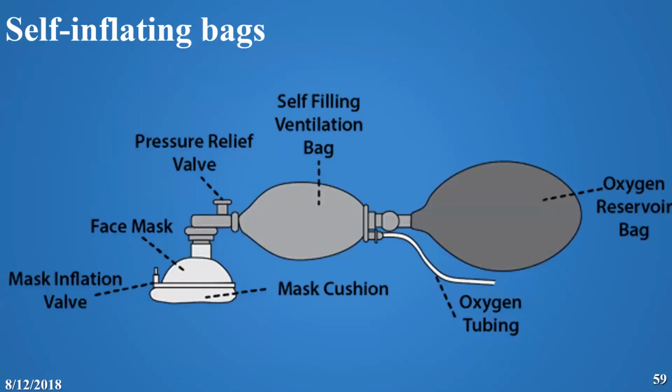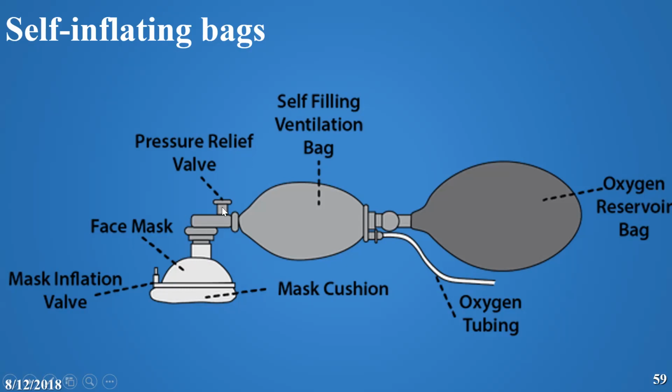We can also provide oxygen with a self-inflating bag, if you guys remember the self-inflating bag. It is composed of the face mask, and the mask should cover from the tip of the chin to the bridge of the nose. You can see the cushion and the valve that inflates the cushion, and the cushion can be inflated by air or by oxygen.